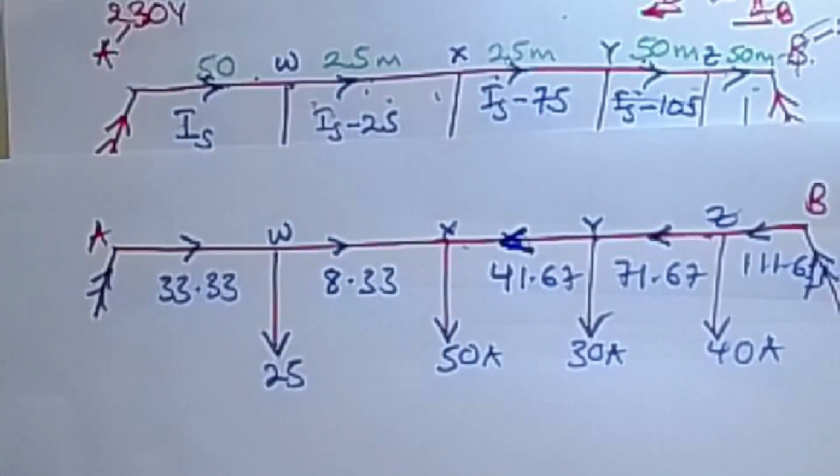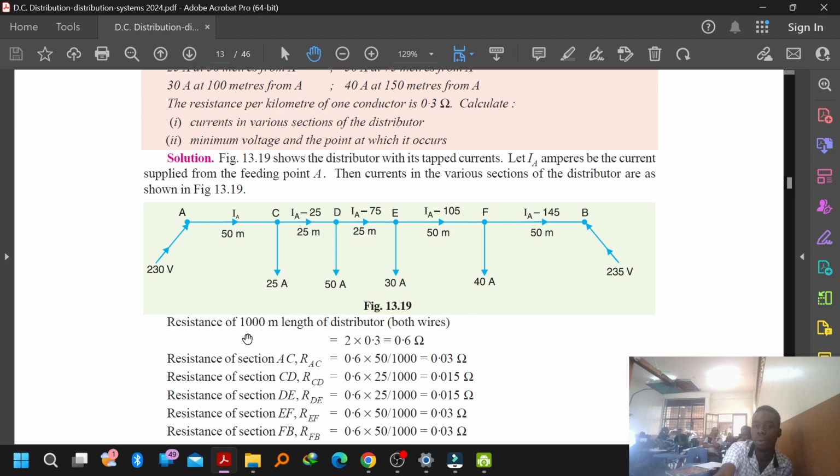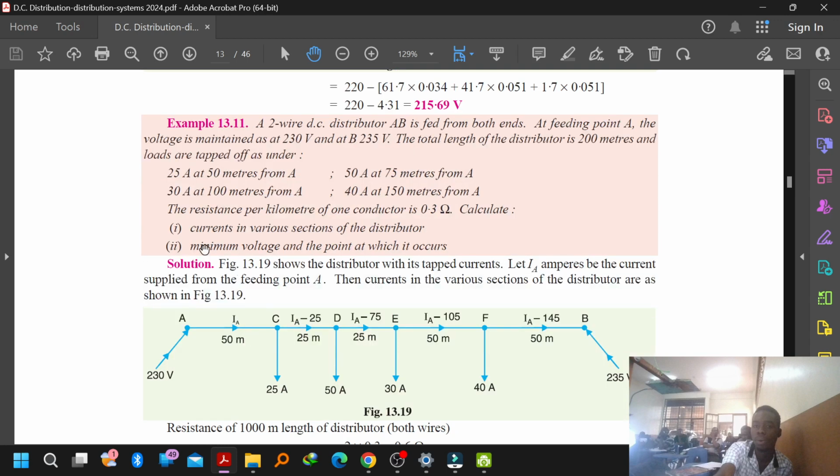The next question here, in our calculation, required us to find currents flowing in the various sections, which are what we have just found.